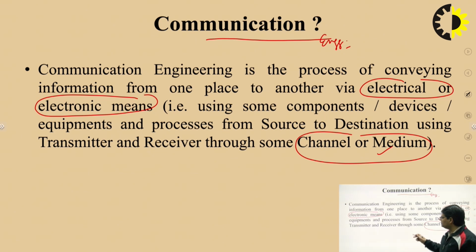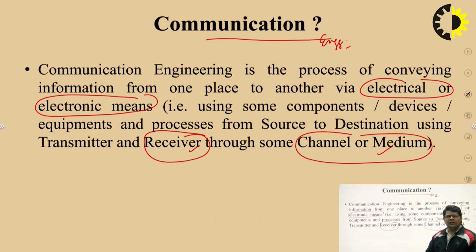Similarly, on the receiver side also, for conveying the information, we have to use some kind of devices or equipment and processes. For example, we may require a receiving antenna, and in the receiver, we may require processes like decoding and demodulation. And on the receiver side, to recover the message or information in the original form, we require some additional devices, equipment or processes.